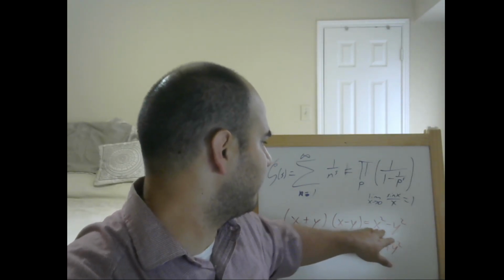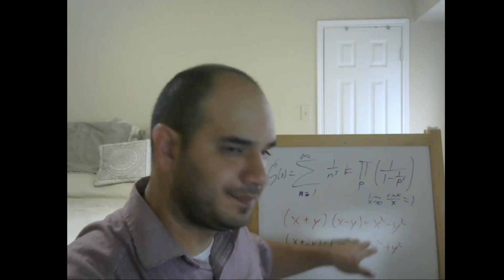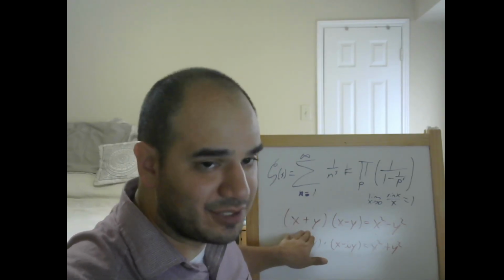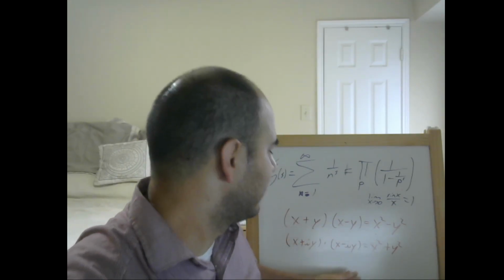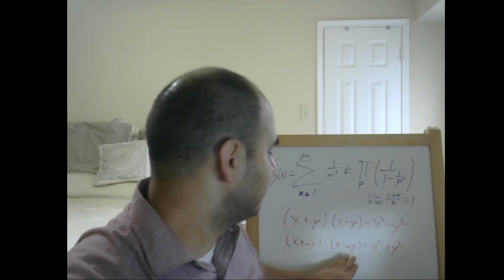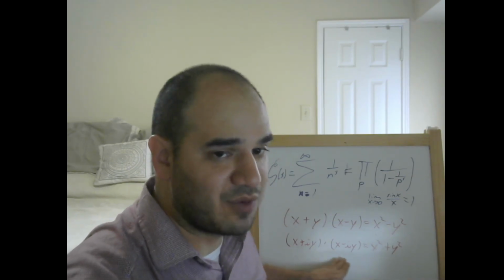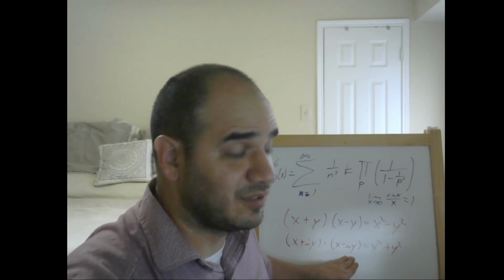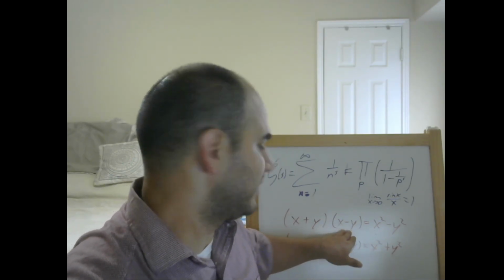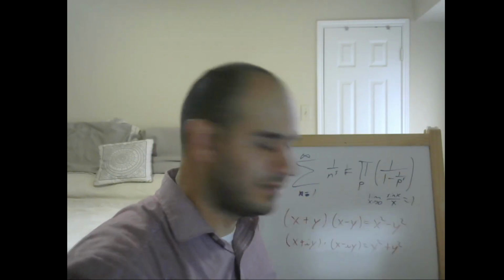So if we have this, then x squared minus y squared is equal to x plus y times x minus y, and x squared plus y squared is equal to x plus iy times x minus iy, and vice versa, right? x plus iy times x minus iy is equal to x squared plus y squared. x plus y times x minus y is equal to x squared minus y squared.